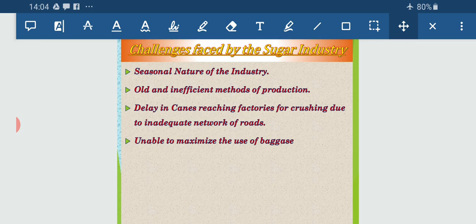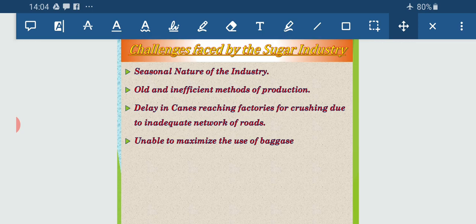You have already studied biofuel in the previous chapters maybe. It is possible by burning the bagasse, the residue after the crushing of the sugarcane. In this way we can solve one problem.